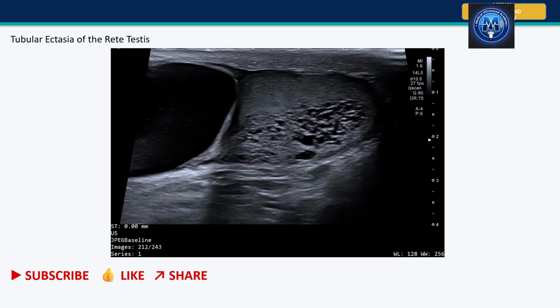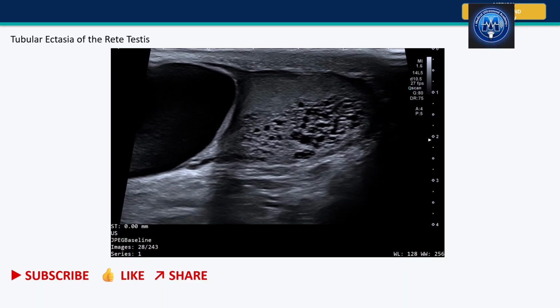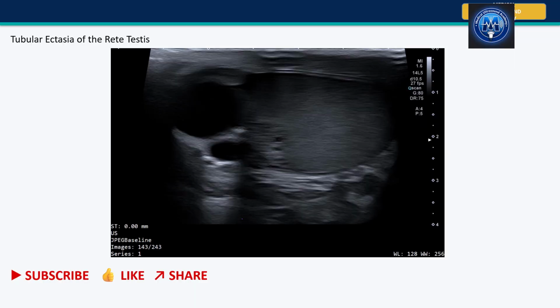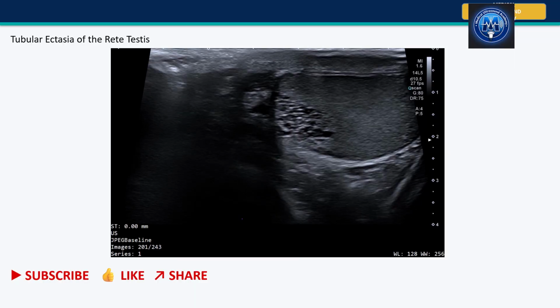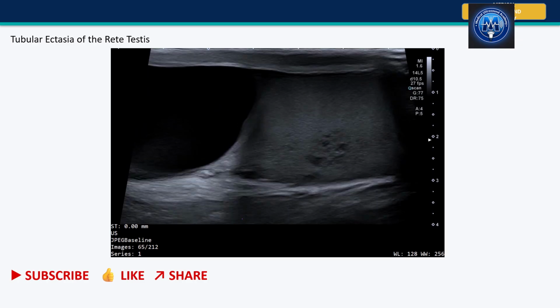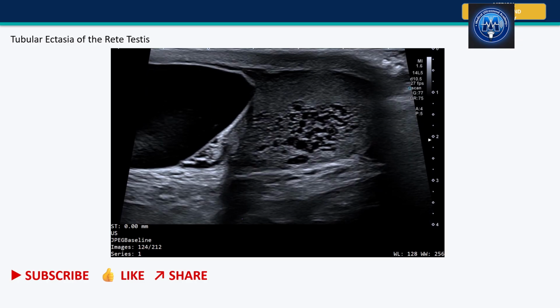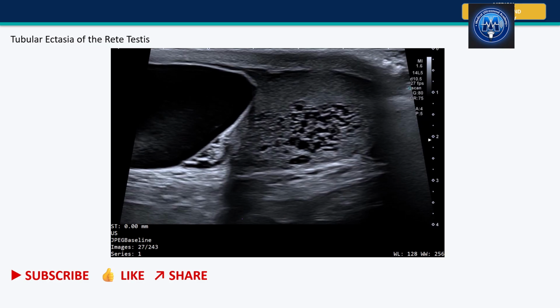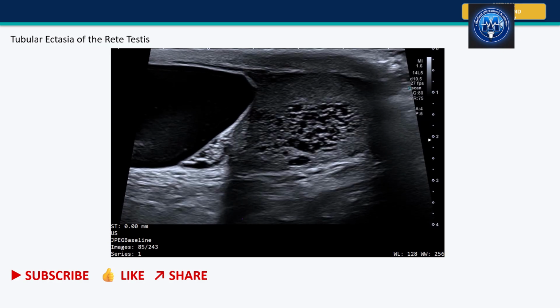So this is my case for the day. I hope you can now appreciate the ectasia of the Rete Testis, and you can distinguish the tubular ectasia of the Rete Testis, because this is happening within the testicle itself.